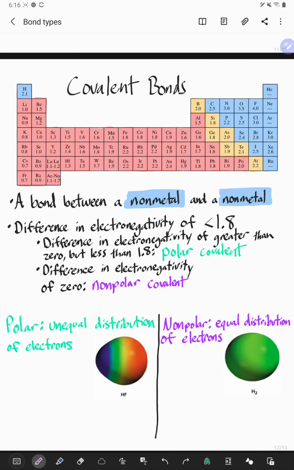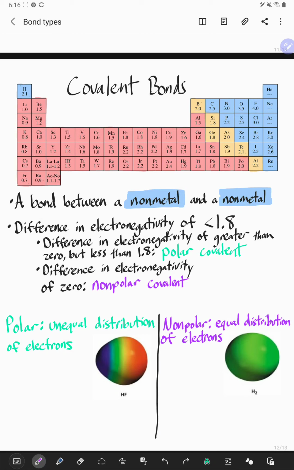That's how you have the north and south pole of Earth. But polar just means an unequal distribution of something, or maybe you have something at a pole versus not at a pole. And nonpolar just means not polar, so there is an equal distribution of things. Those are what the two terms mean.